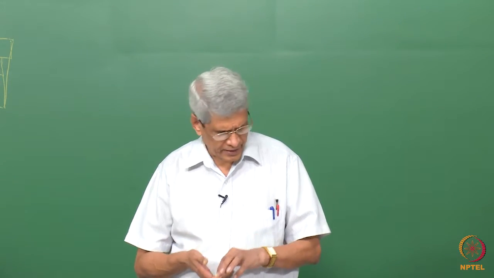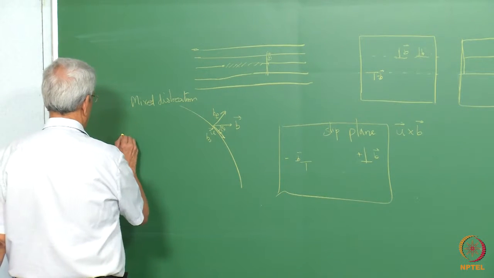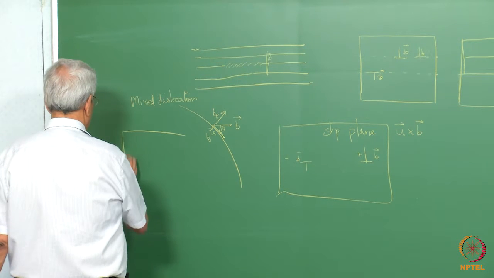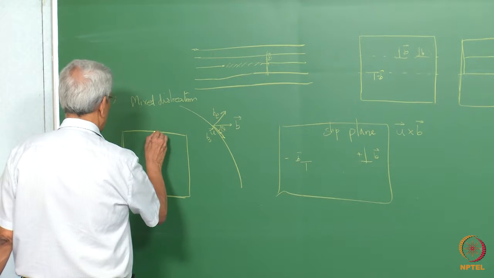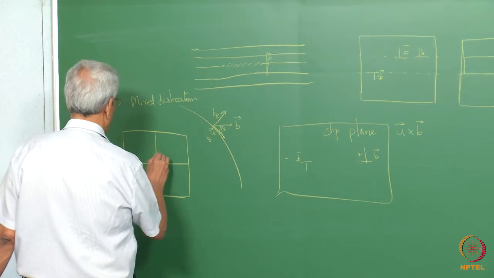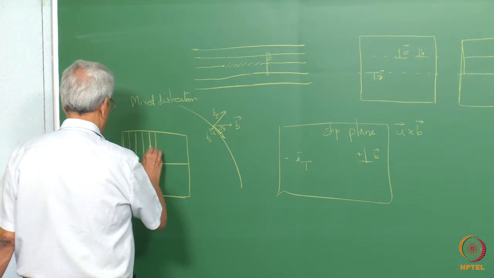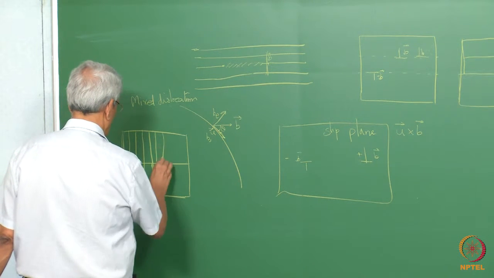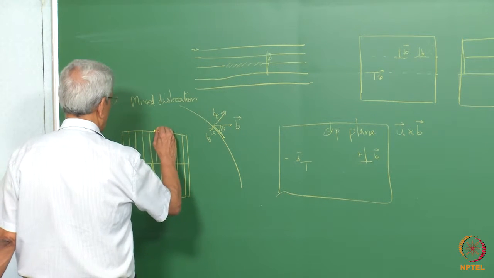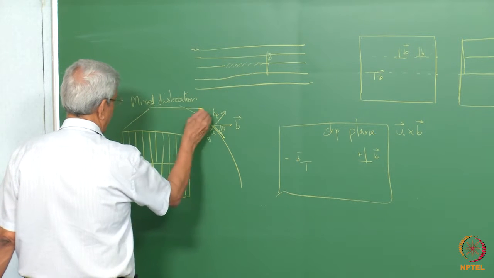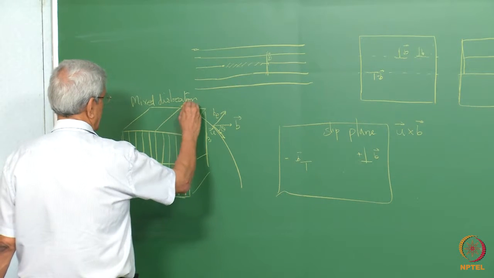How can one understand this? Suppose we assume that there is an extra plane. This is the slip plane, this is the extra plane.